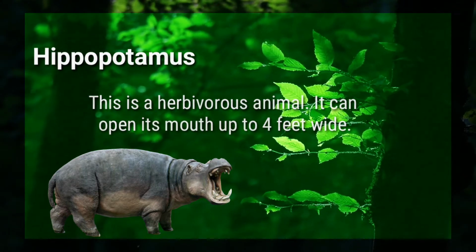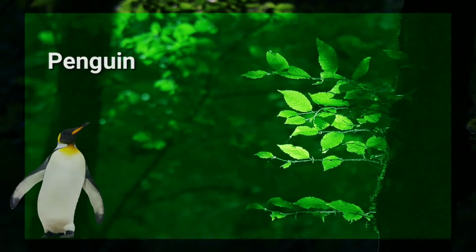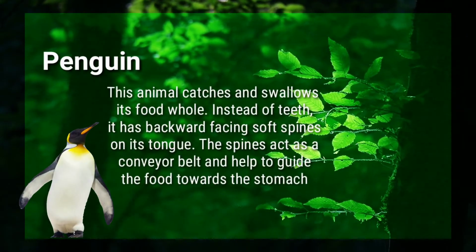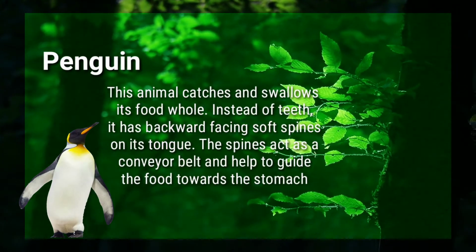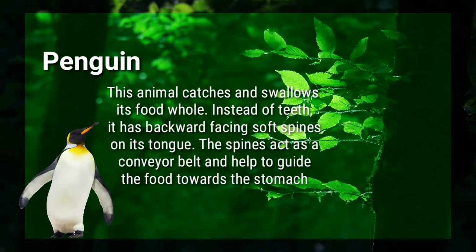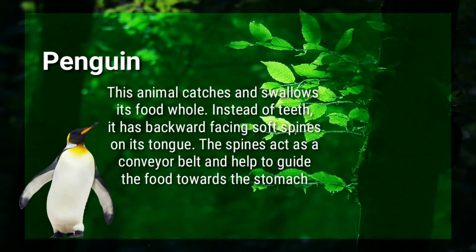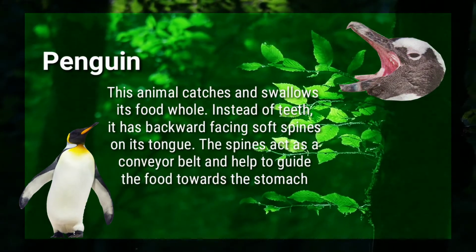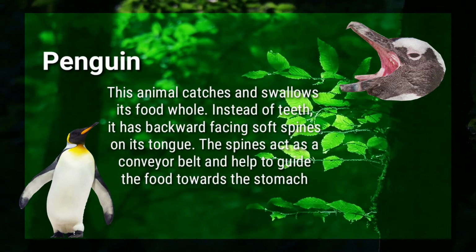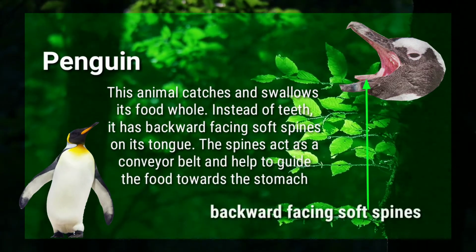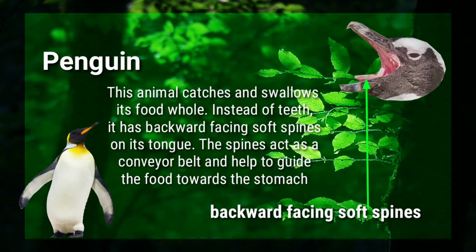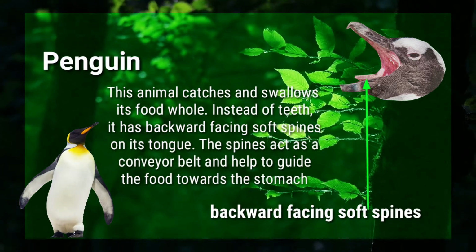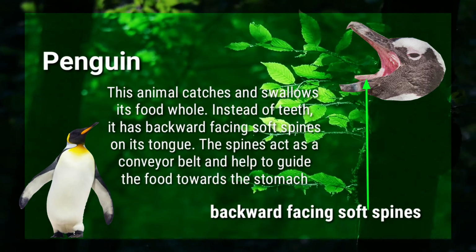Next, you are seeing a penguin. Penguins catch and swallow their food whole. Instead of teeth, it has backward-facing soft spines on its tongue. These spines act as a conveyor belt and help to guide the food towards the stomach.